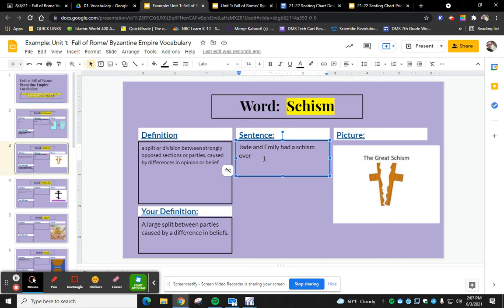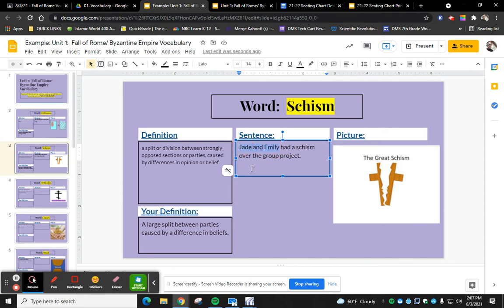What should they be schisming? What should they be breaking apart over? They had a schism over the group project. Okay, so they had a large split. Or no, probably not Jade and Emily.